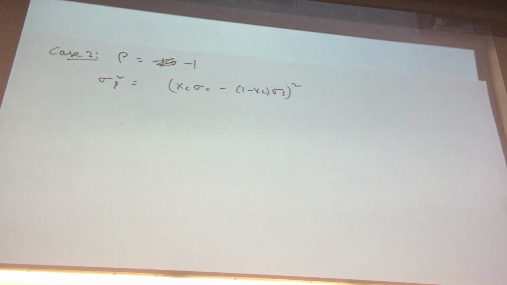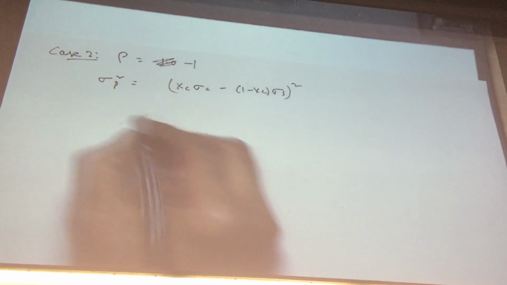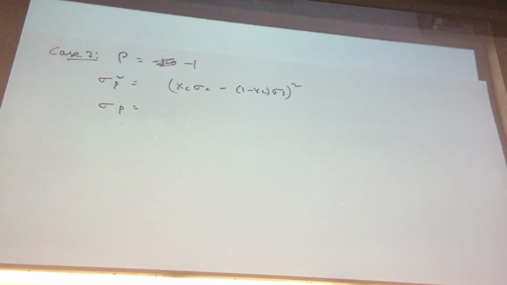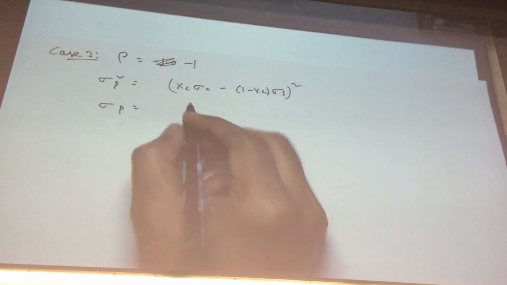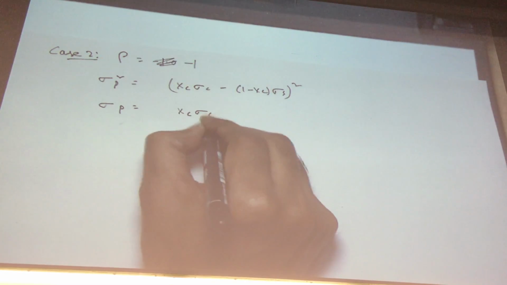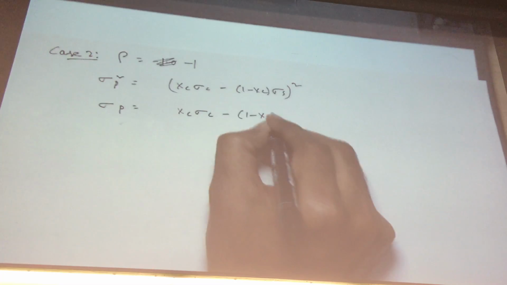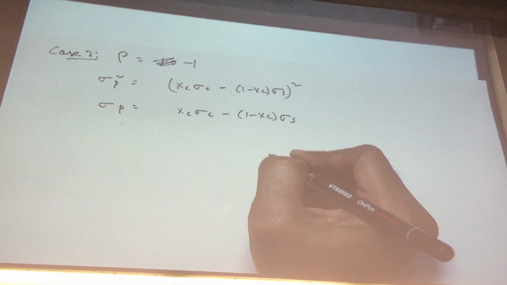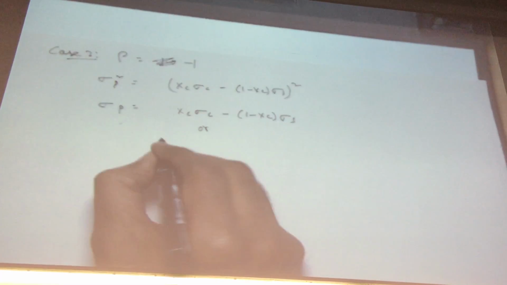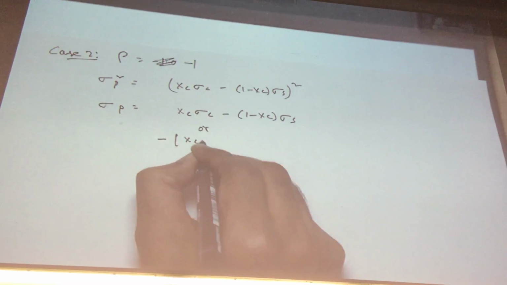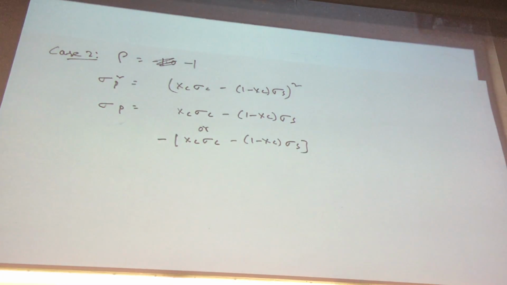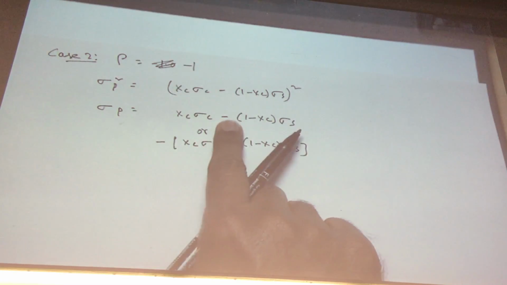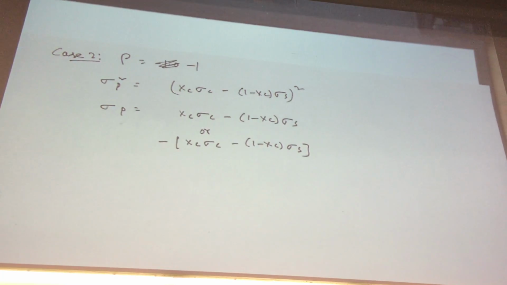And now, the same question you can ask yourself: what is sigma p? Sigma p square equals this whole square. So then that could be xc sigma c minus (1 minus xc) sigma s, or minus of xc sigma c minus (1 minus xc) sigma s. The same argument. Only thing is you have minus here. Okay.